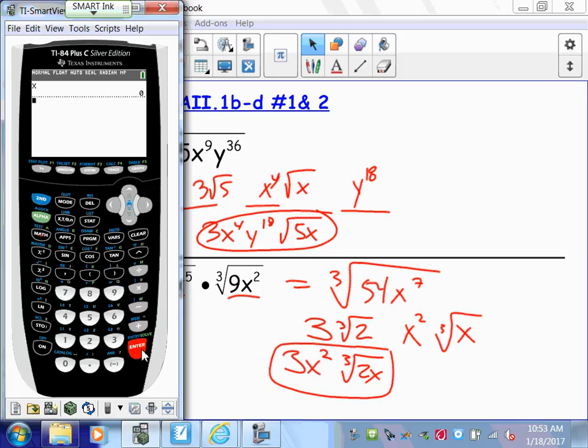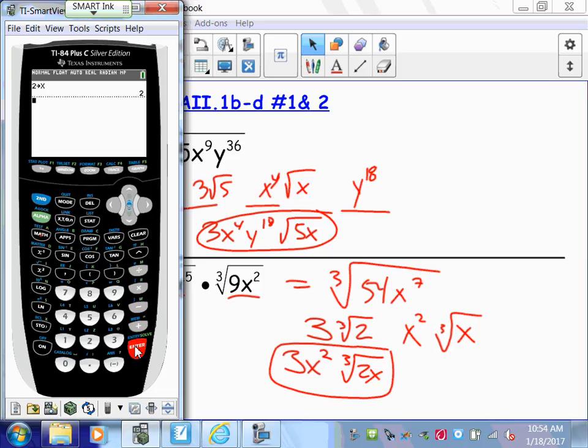If you go x, store, then set x as 2. Oh, is it backwards? It's 2 store x. There you go. So if you store a value for x, it'll use that value in the problem.